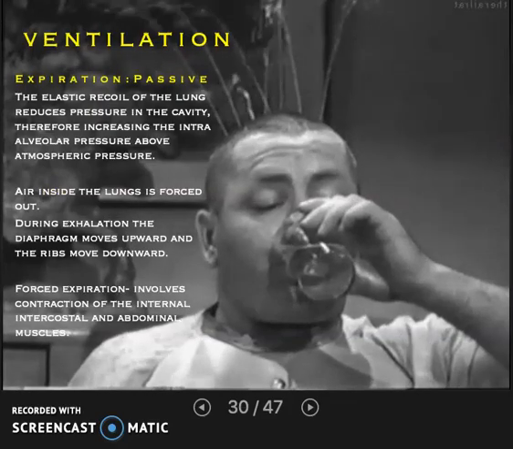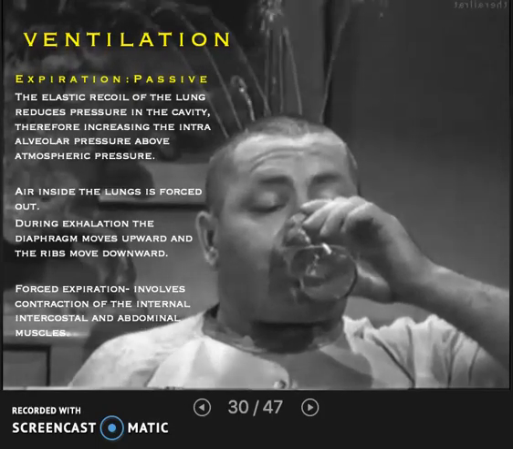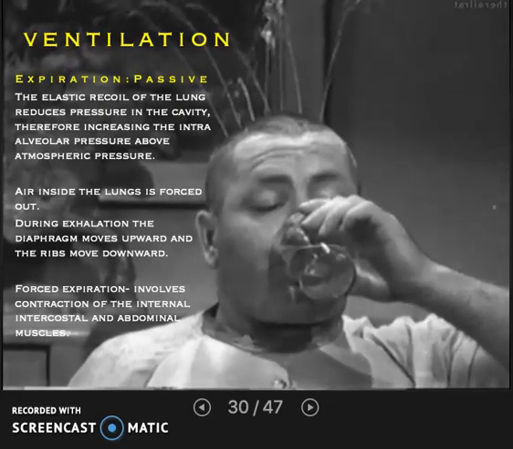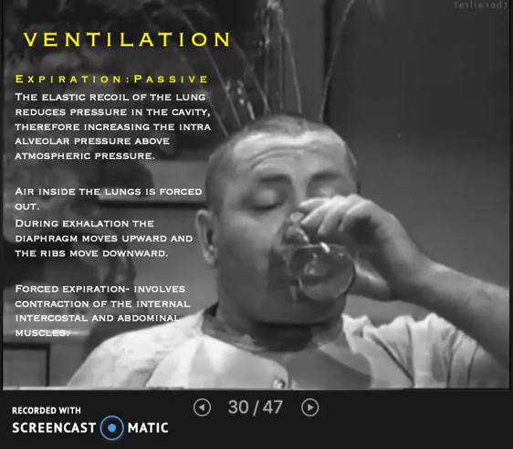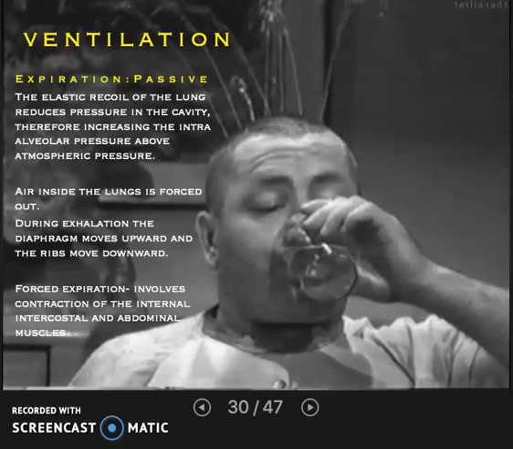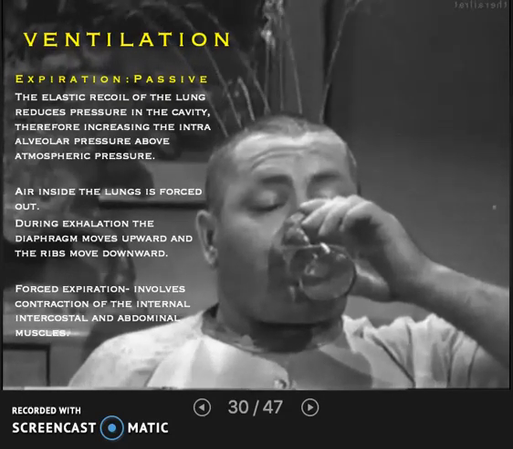So ventilation is defined by inspiration and expiration, and your lungs have an elastic character to them. So without any effort, they will recoil. As they recoil, they'll blow air out, and the pressure in the interior would be increasing as the volume decreases, and so I would overcome the external pressure of the normal atmospheric pressure, and air moves out.